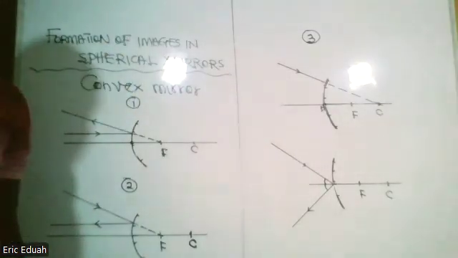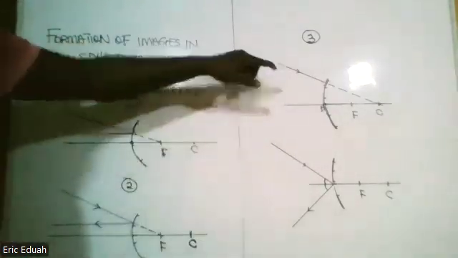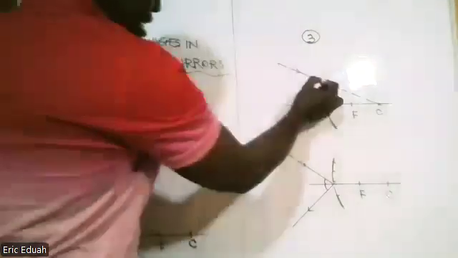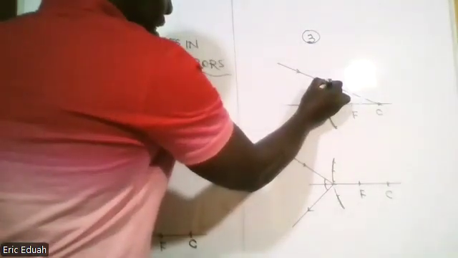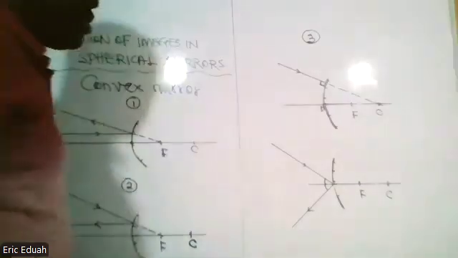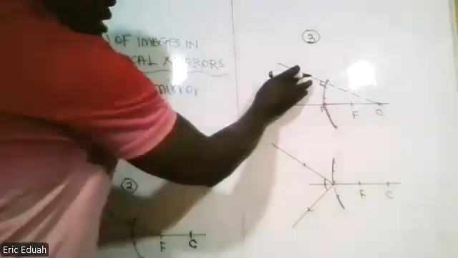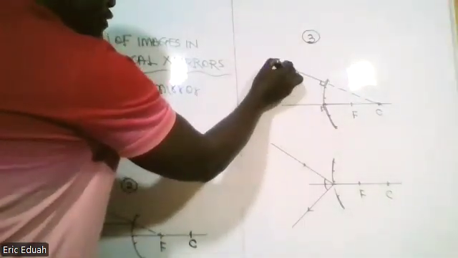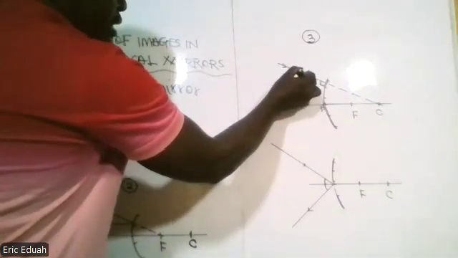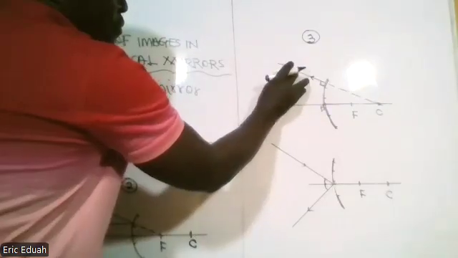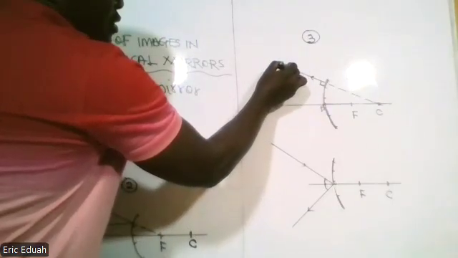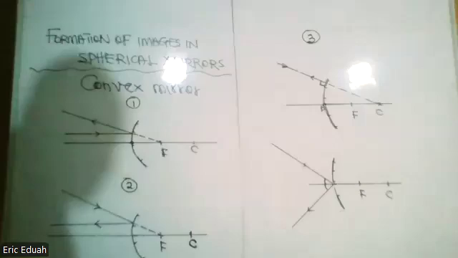The third rule says that a ray of light hitting the mirror at 90 degrees, incident and reflect along the same path.